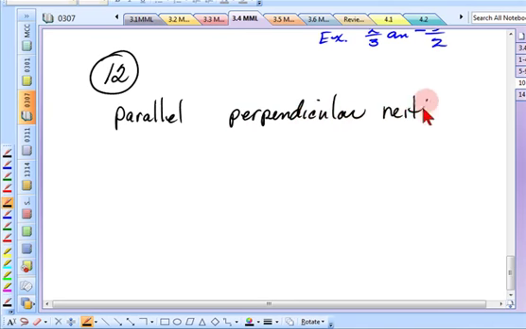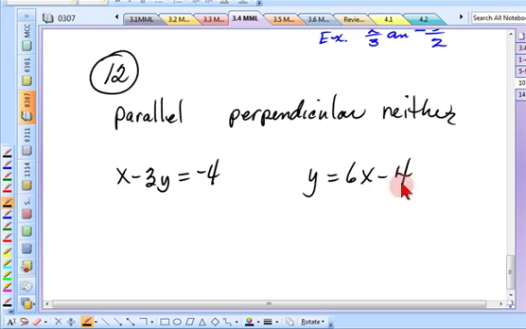Here are the lines. We have x minus 3y is equal to negative 4, and we have y is equal to 6x minus 4. In order to determine whether lines are parallel or perpendicular, or neither one, we need to know their slopes.